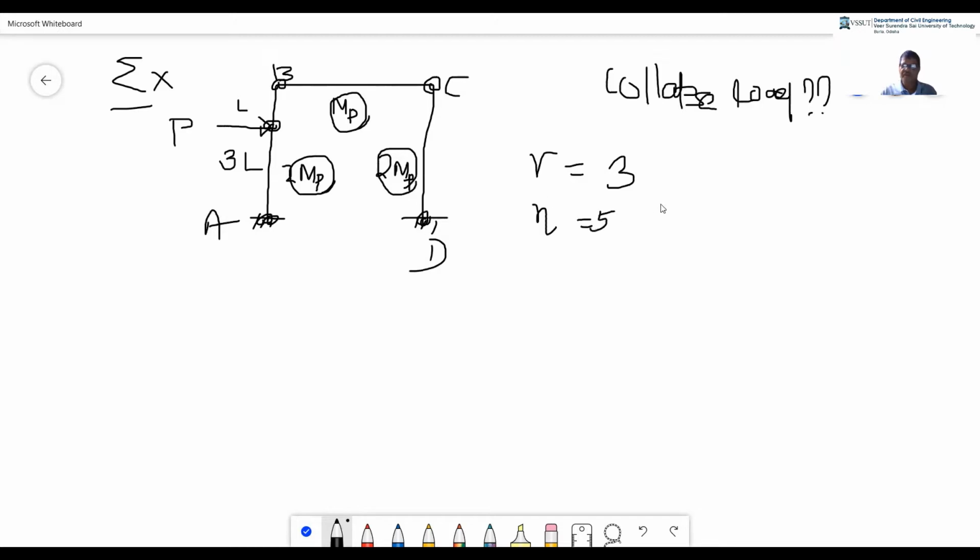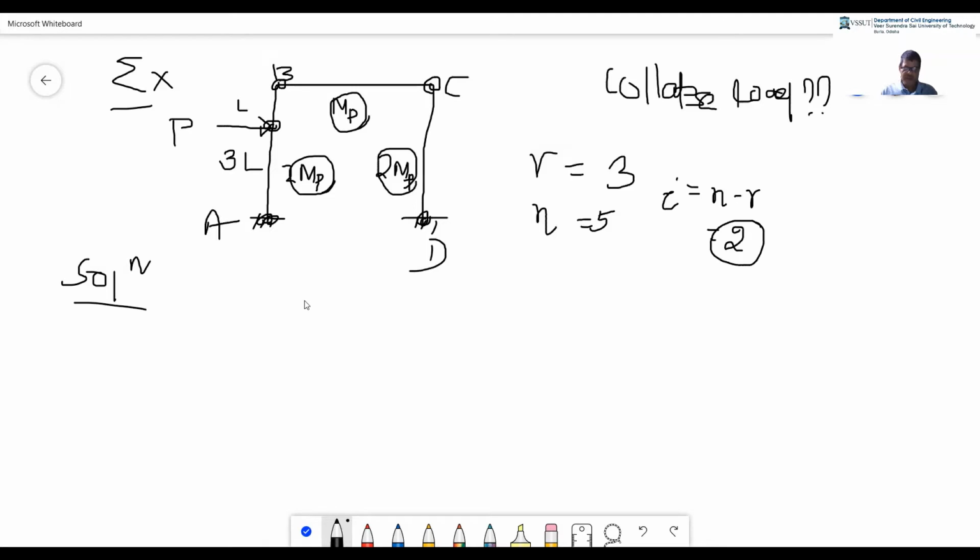So the number of independent mechanisms is equal to n minus r. Out of the 2 mechanisms, one will be the beam mechanism AB, then the sway mechanism, and these will be the 2 independent mechanisms. They will combine into one combined mechanism.